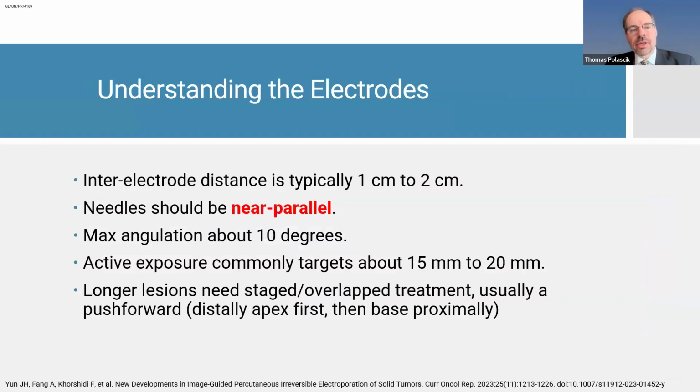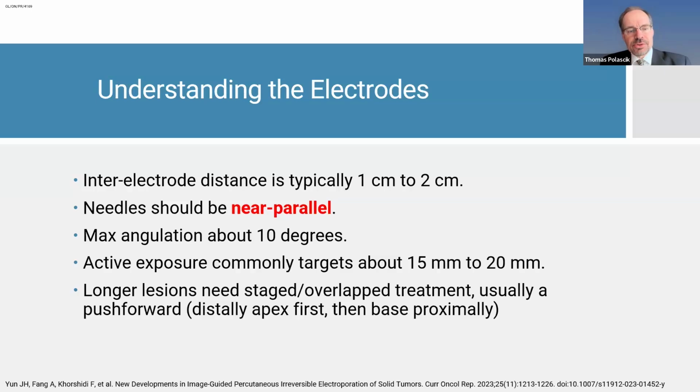And I always start with whatever technology you're going to use, you have to understand your technology. So you have to understand your electrode before doing your first case. The interelectrode distance is very critical. I try to keep it within 1 to 2 centimeters. As Dr. Rothberg mentioned, you have a little wiggle room of a couple more millimeters either way, but for the most part, it's between 1 and 2 centimeters. And needles should be as parallel as you can get them.